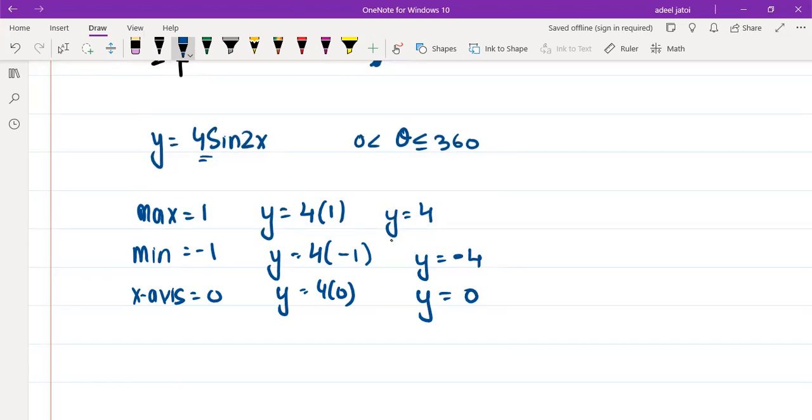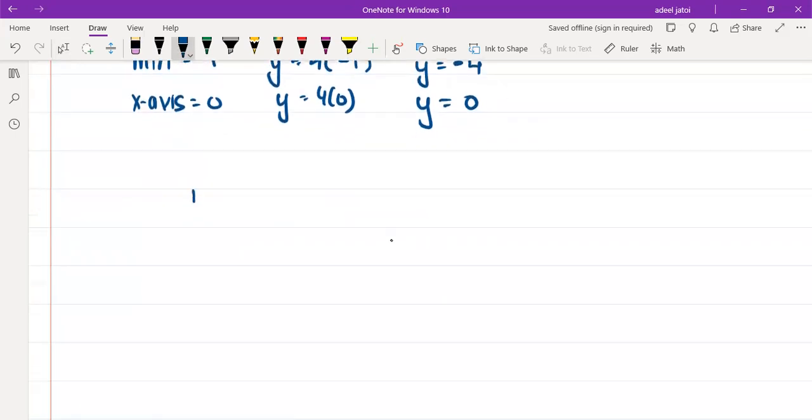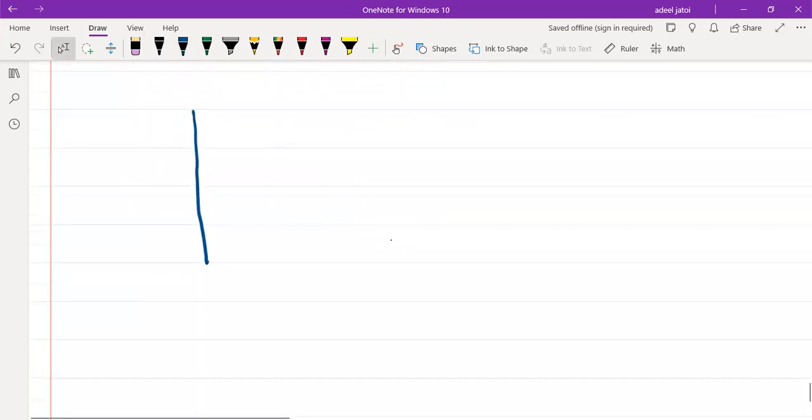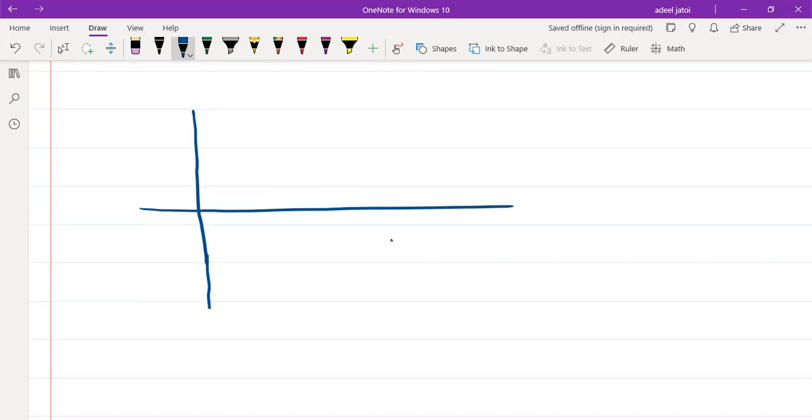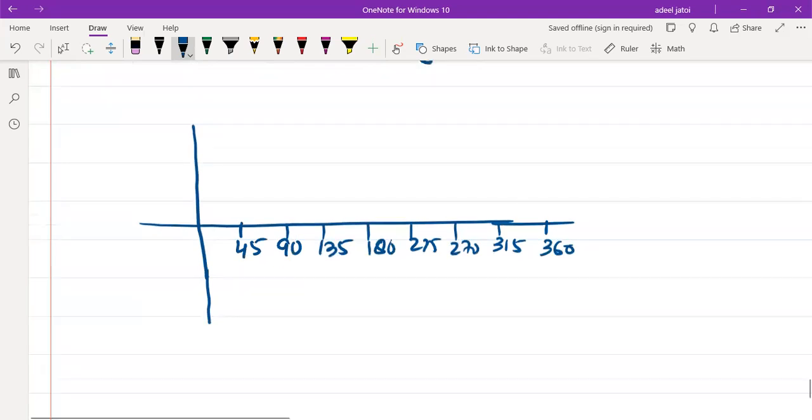The x-axis remains the same. So now if I want to create the graph, I'll mark 45, 90, 135, 180, 225, 270, 315 and 360. These will be the values. Now in place of 1 we will write 4, and this should be -4. At 0 we had 0.